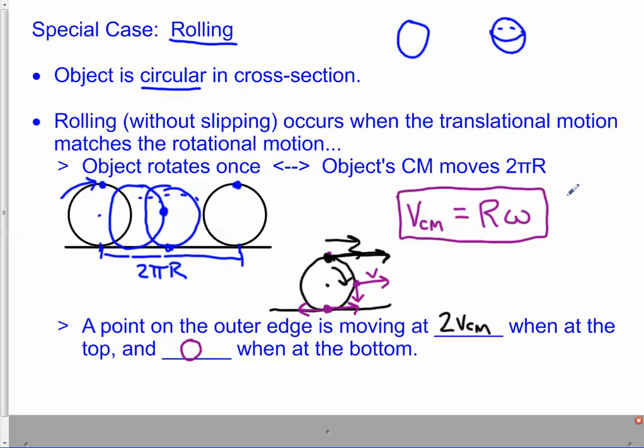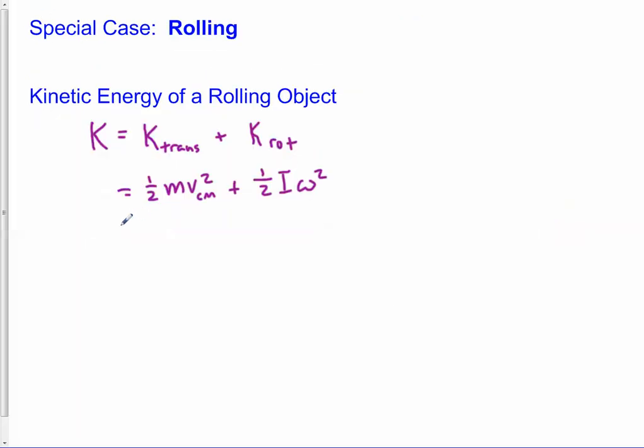If I go back and remember this connection between v and omega, I can replace omega with v divided by r. So I would have 1/2 m v_CM squared plus 1/2 I v_CM squared over r squared. Then I'm going to factor out the common 1/2 and the common v_CM squared.